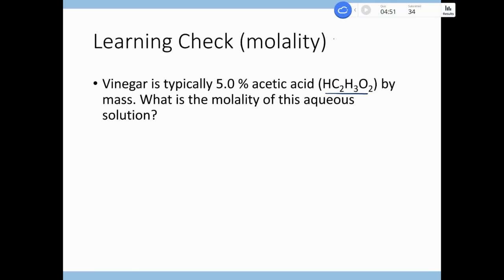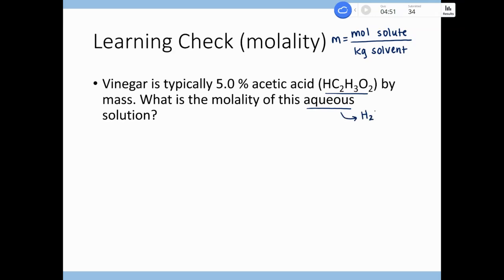So let's remember molality is moles solute over kilograms solvent. So we have the mass percentage. We also know it says this is an aqueous solution.